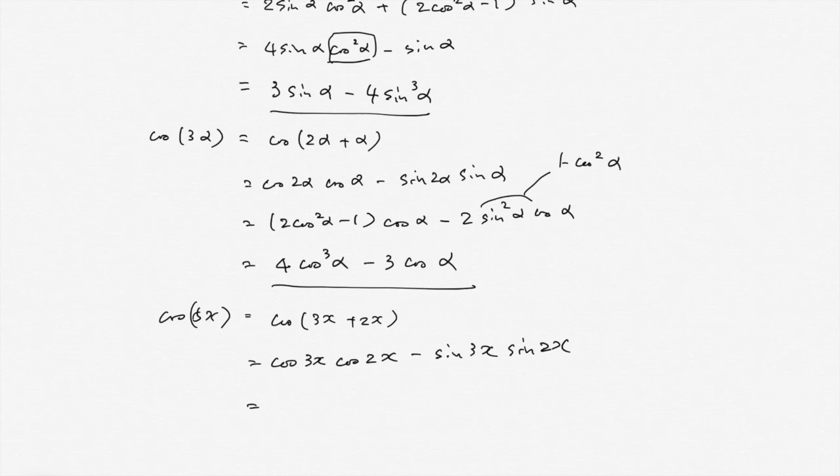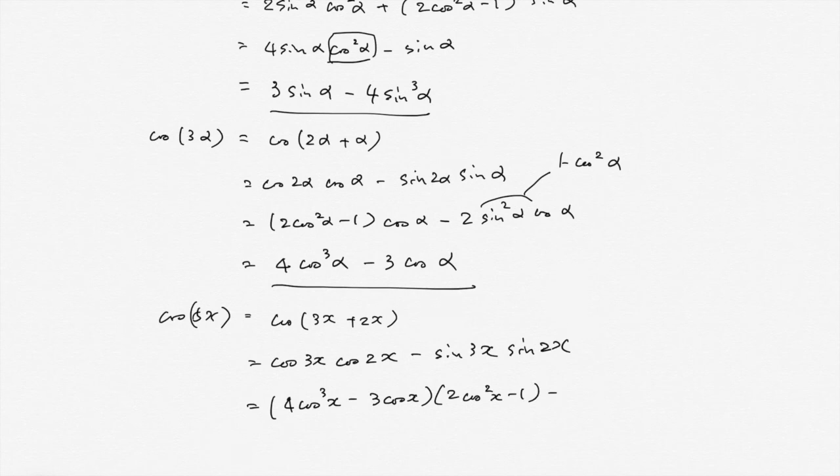Then you can substitute all the equations. For the cosine 3x, it is 4 cosine cube x minus 3 cosine x. And for the cosine 2x, it is 2 cosine square x minus 1.